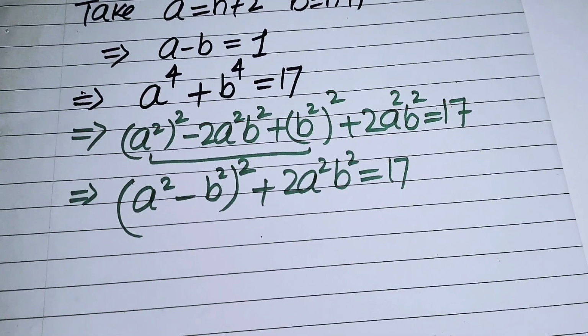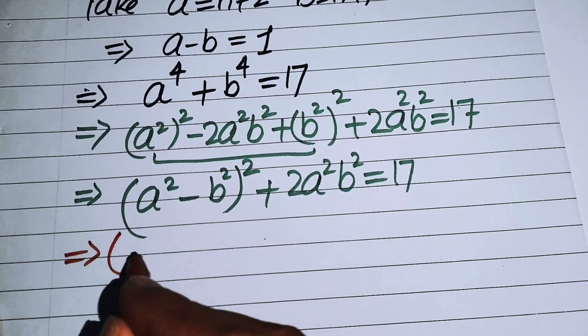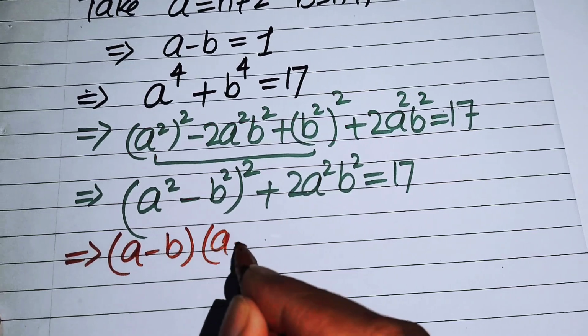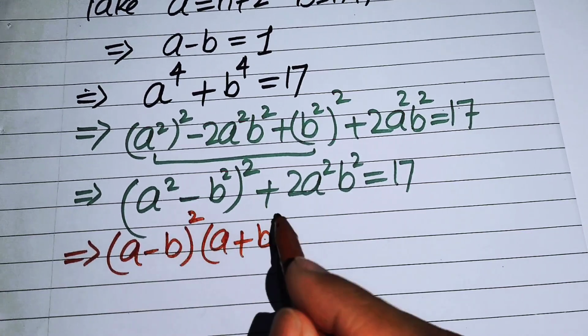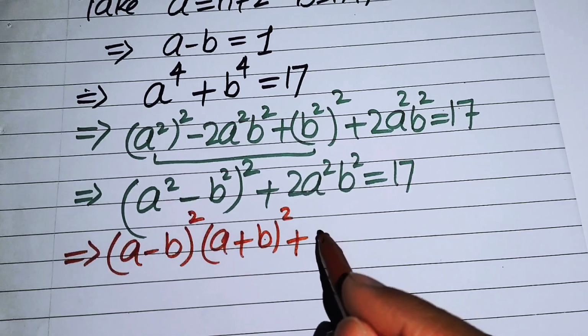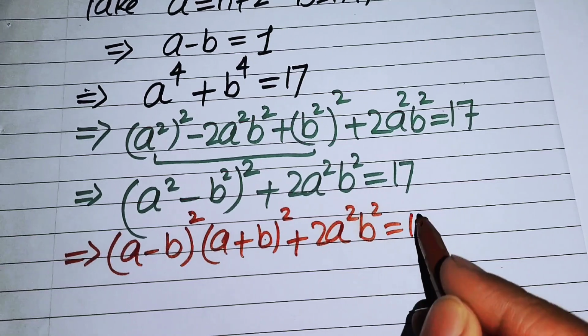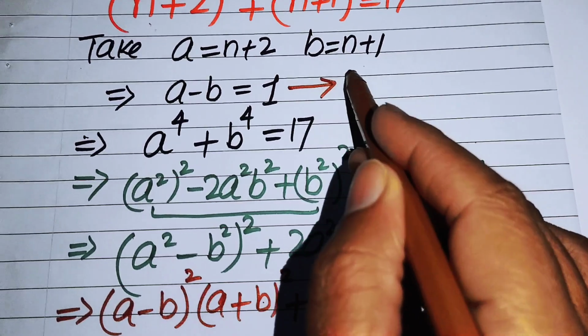And in the next step, we know that a^2 - b^2 equals (a - b)(a + b). And now you see we have the whole square of this term, so we can write the squares on these two terms, and here you have 2a^2 b^2 equals 17. So here I can name this as equation number 1.